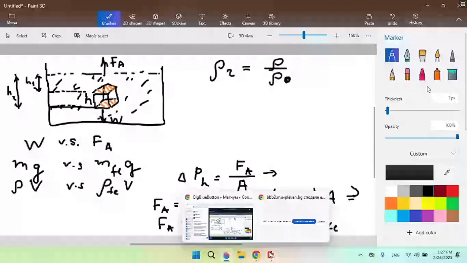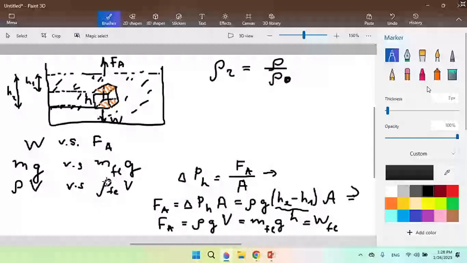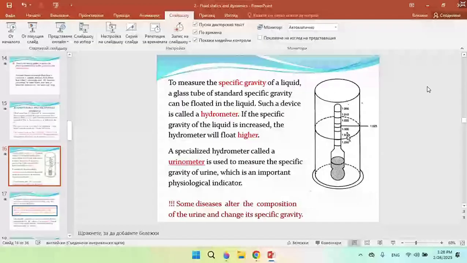If the density of the fluid is changed, suppose it is increased, what does it mean? That Archimedes force will increase and it will move higher, it will rise. And you see in the picture there is a scale directly to take the values for the specific gravity.